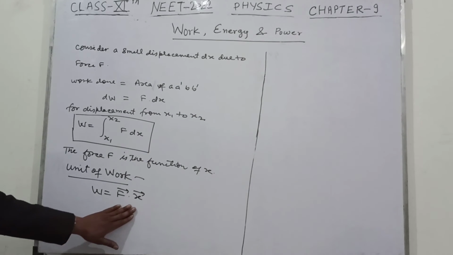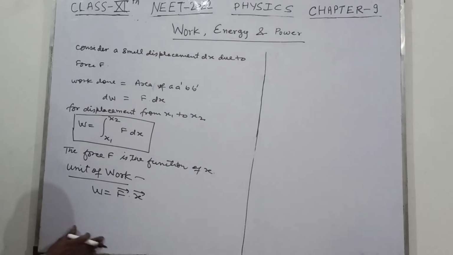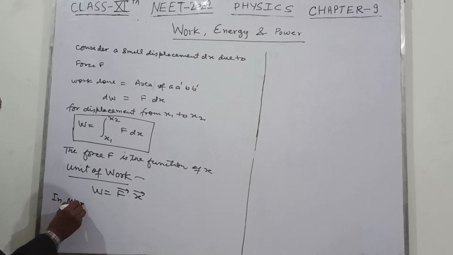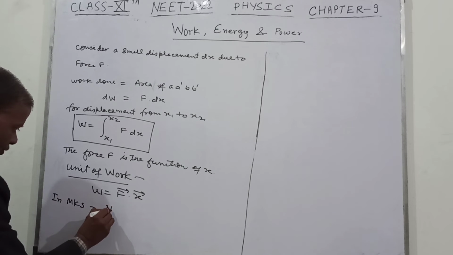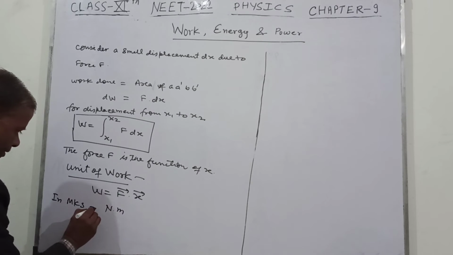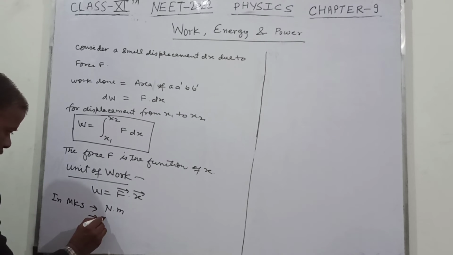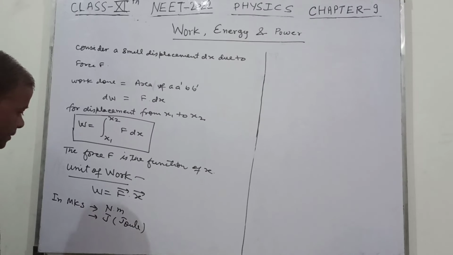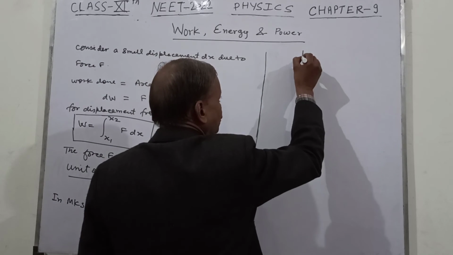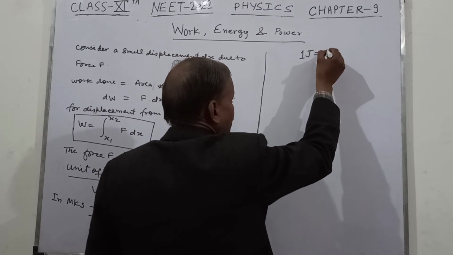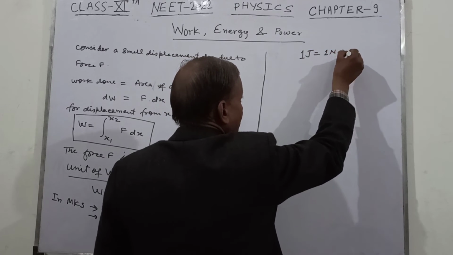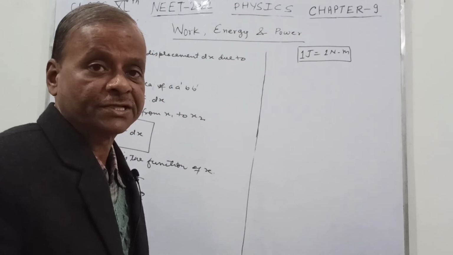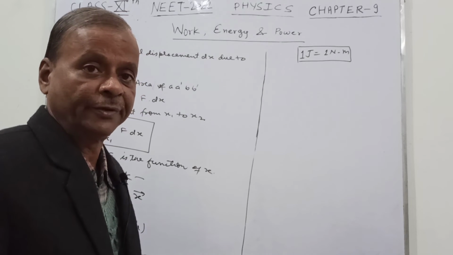F is measured in Newton and displacement in meter. So in the MKS system, the unit is Newton meter, which is called the joule, J. The relation is that 1 joule is equal to 1 Newton meter. It means that if 1 Newton force produces a displacement of 1 meter, then the work will be 1 joule.